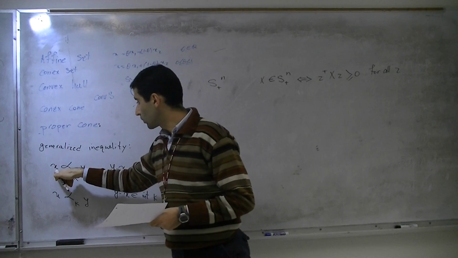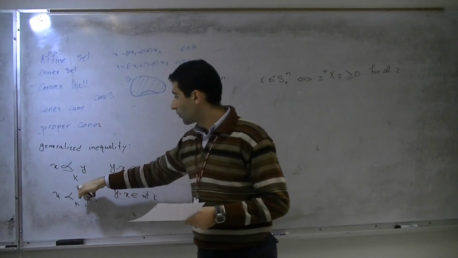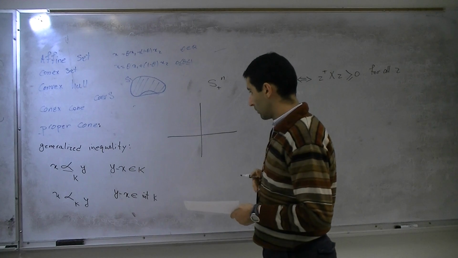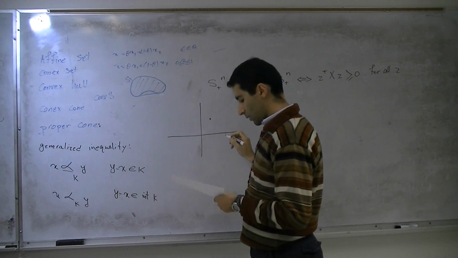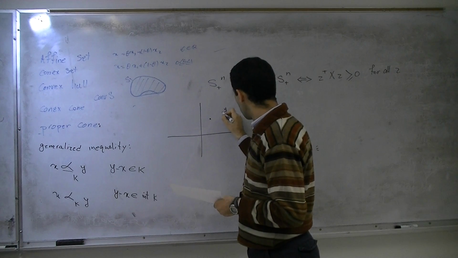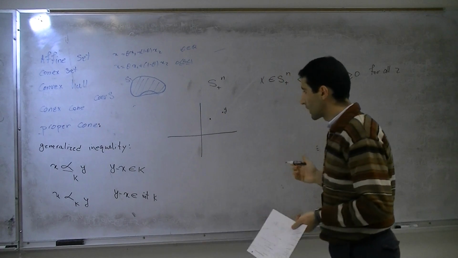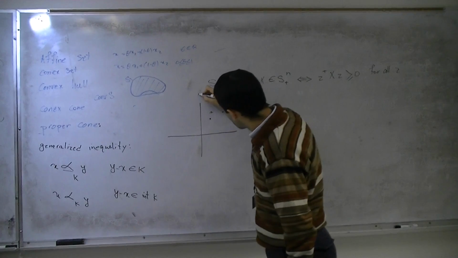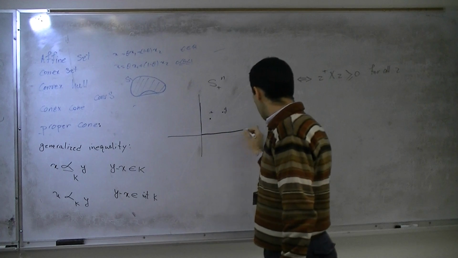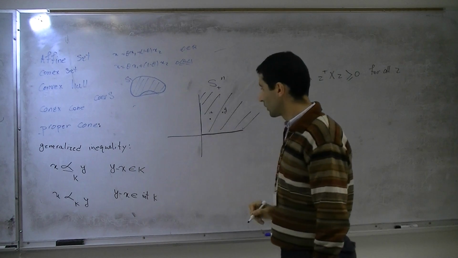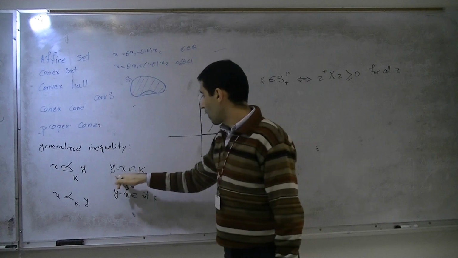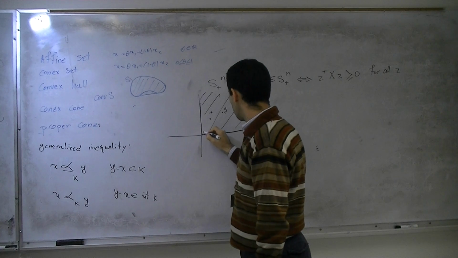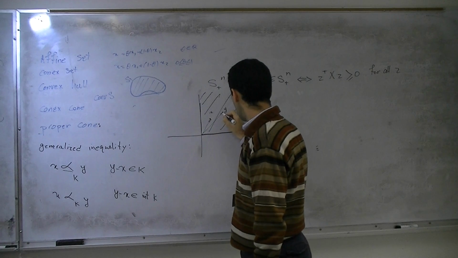For example, we want to find x is less than y by cone K. I select one obvious sample, x and y, and if we define the proper cone, this cone, we have y minus x. This one is x, this one is y.